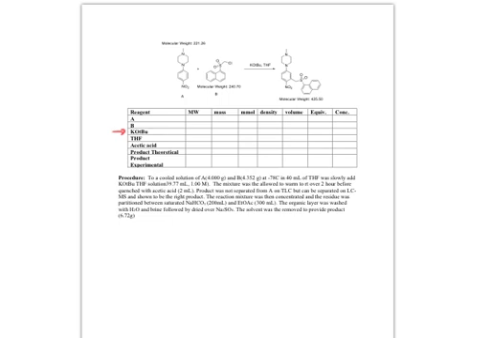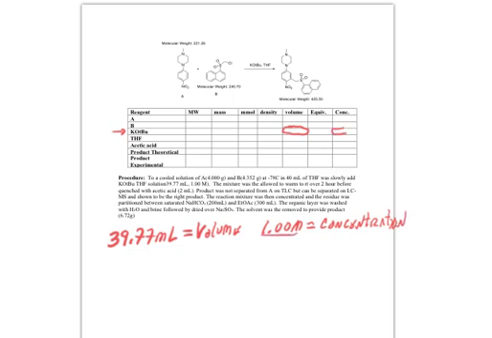Potassium t-butoxide. The information that I'm given is that I'm using 39.77 milliliters. That equals the volume, so that amount I can put in right here for the t-butoxide volume. I also know from reading it that it's a 1.00 molar solution. That's the concentration, and I'll put that 1.00 molar right over here in the table.